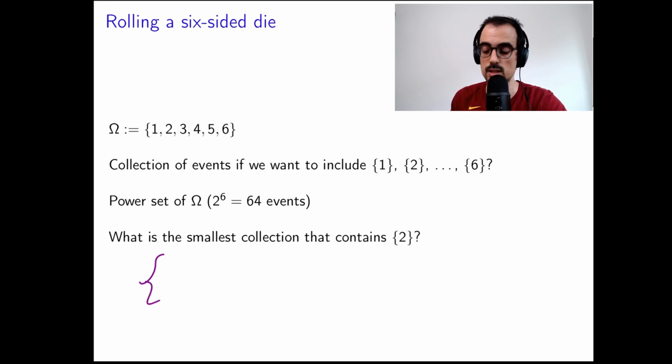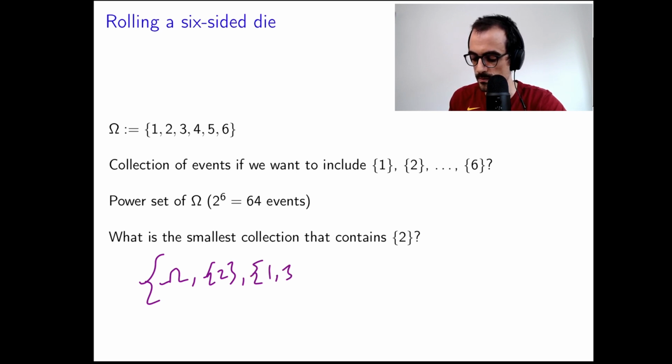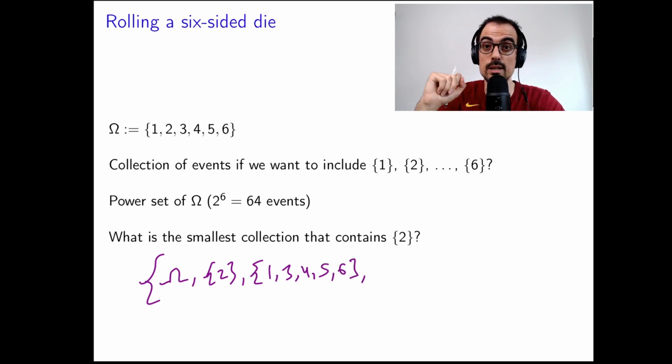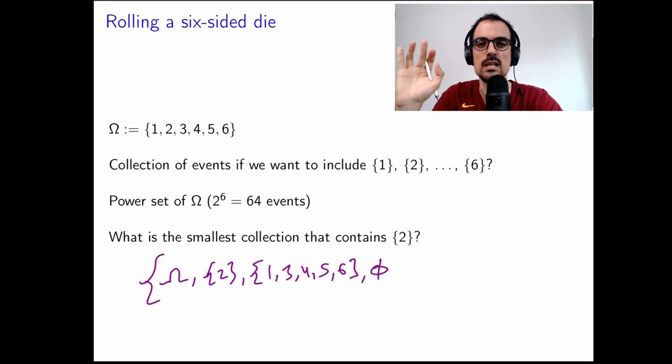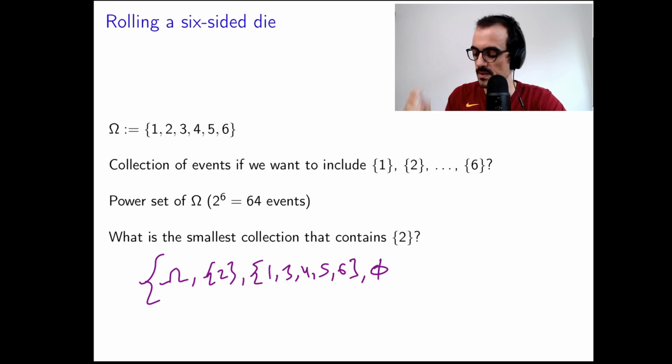We need to include the sample space. This was the first rule. We need to include 2 because that's what we're interested in. We need to include the complement of 2, just by the rules. And we need to include the complement of the sample space. That's just the empty set, which is a really boring set. And that's it.